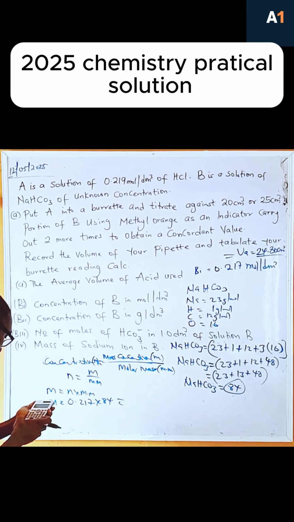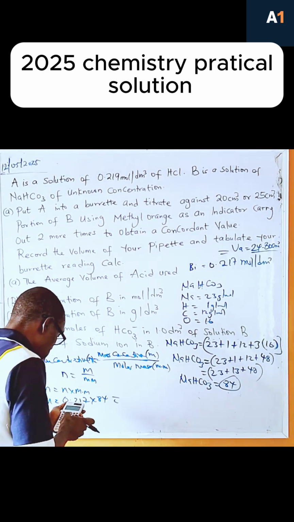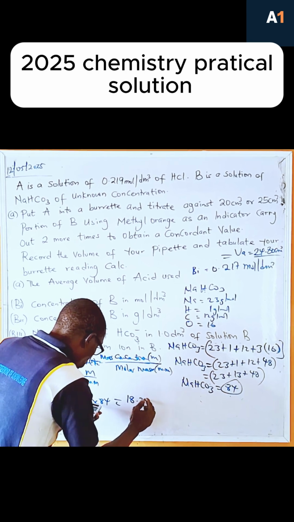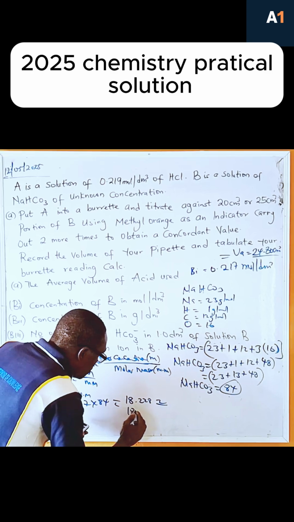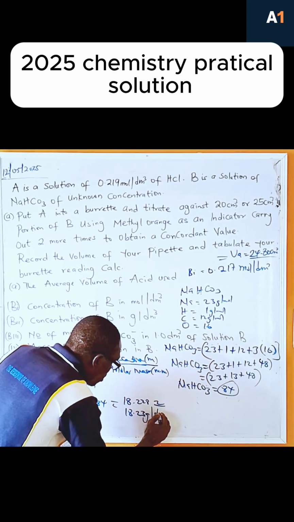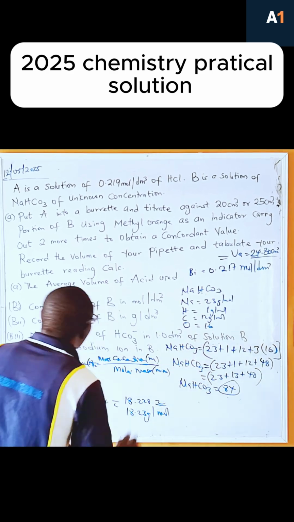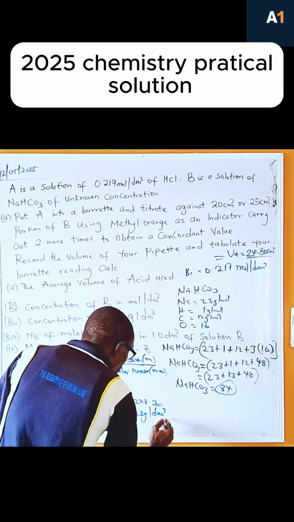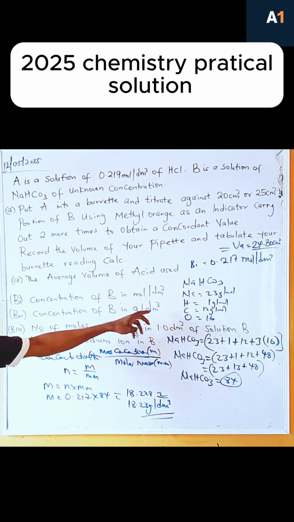Then times 0.217, we have 18.228, which can be approximated to 18.23 gram per mole, sorry, gram per decimeter cube. So this is the concentration in gram per decimeter cube.